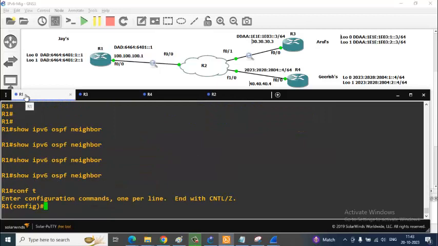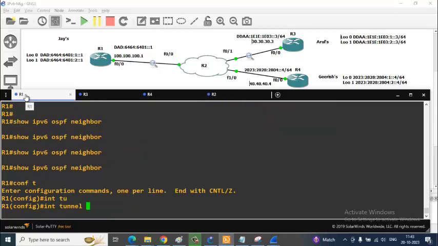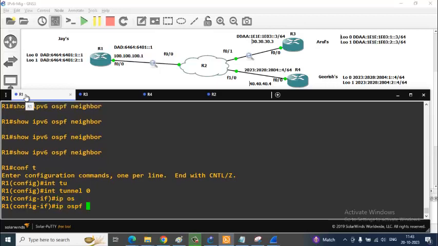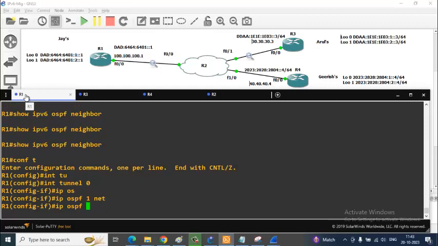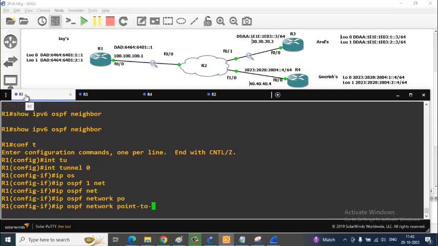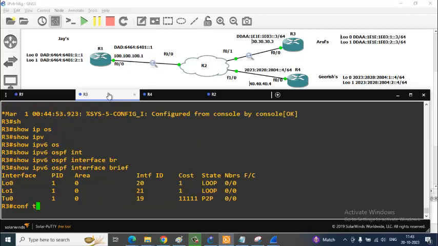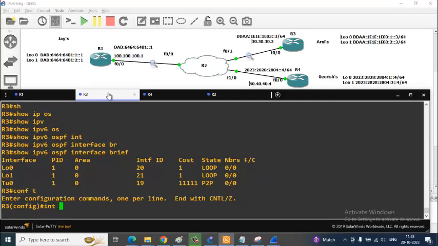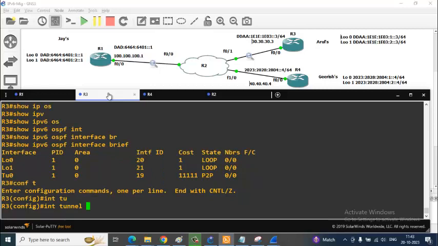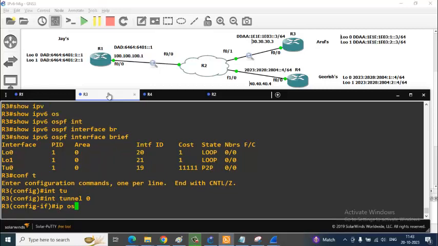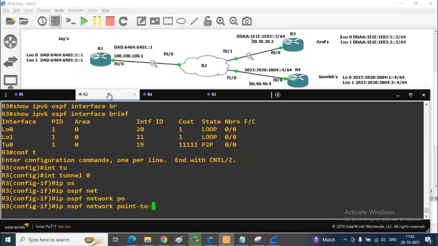That will be the best option. Interface tunnel 0, IP OSPF 1, IP OSPF network type point to point. Likewise, I'll go here, interface tunnel 0, IP OSPF network type point to point.